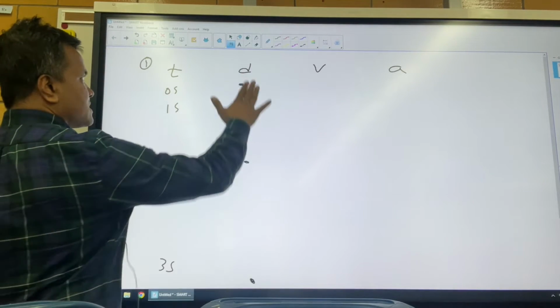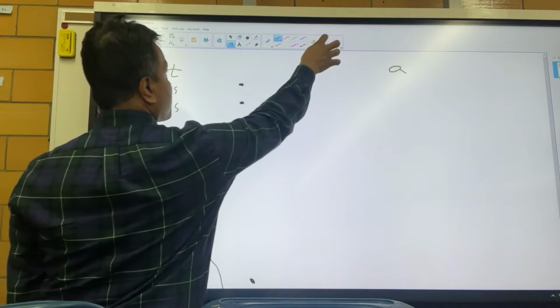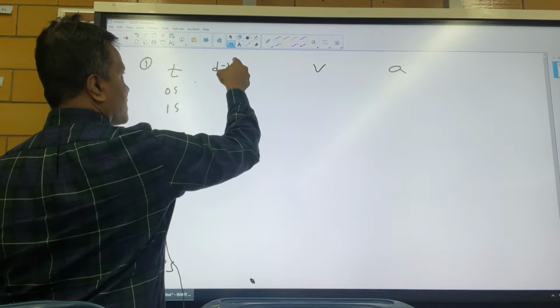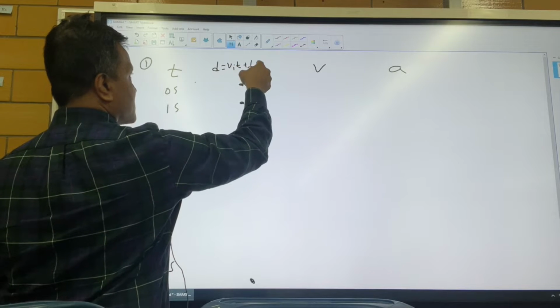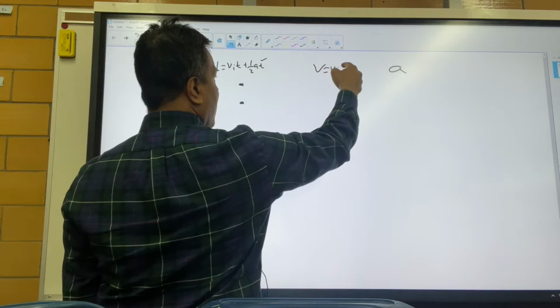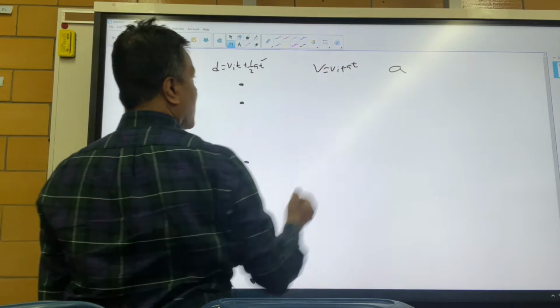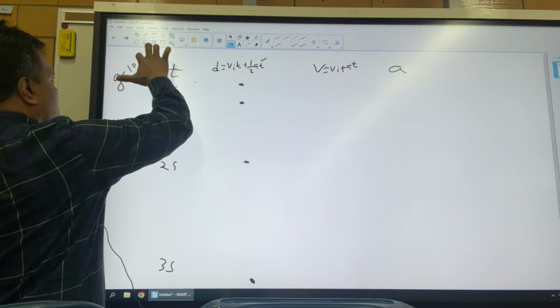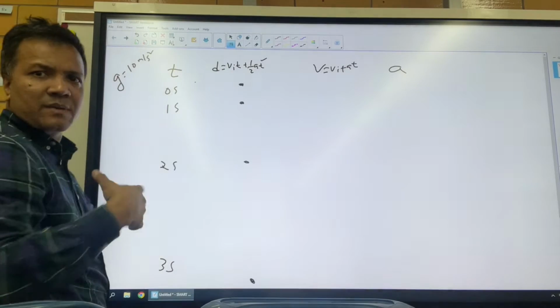So how can we find the distance? Remember, distance is v initial times t plus half a t squared. And the velocity is v initial plus a t, of course. And the g for us would be 10 meters per second squared for simplicity, so we don't have to use the calculator.